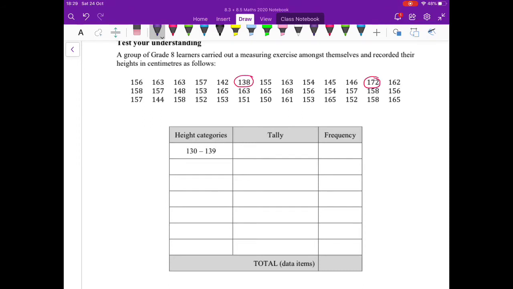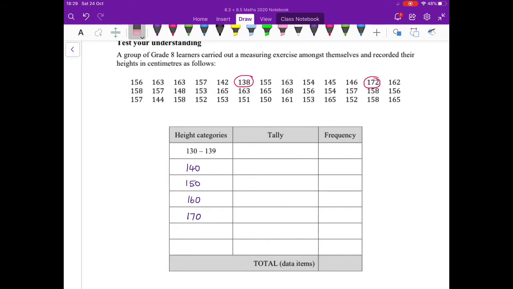So now what you do is you're going to group them in tens. You cannot have groups that are too large because then it is meaningless when you're trying to make some sense of it. So we go 130, 140, 150, 160, 170, 180.